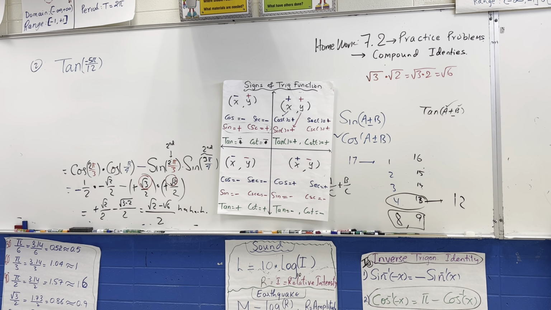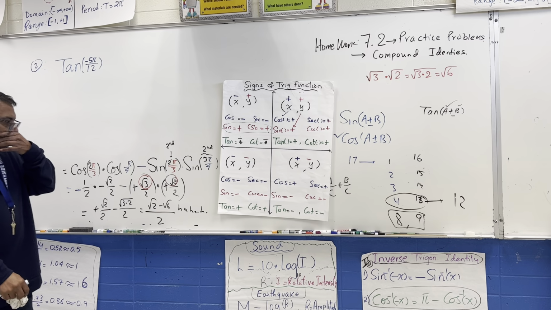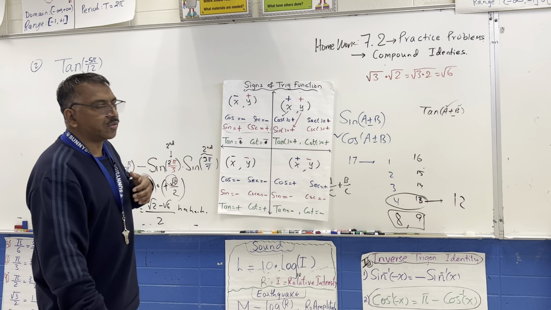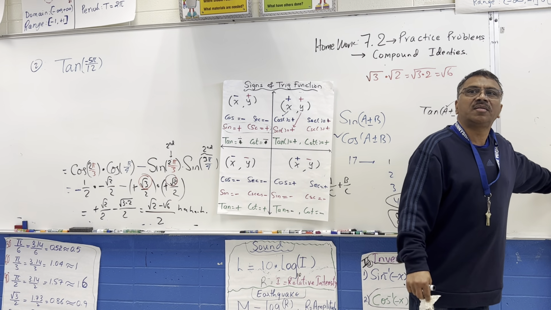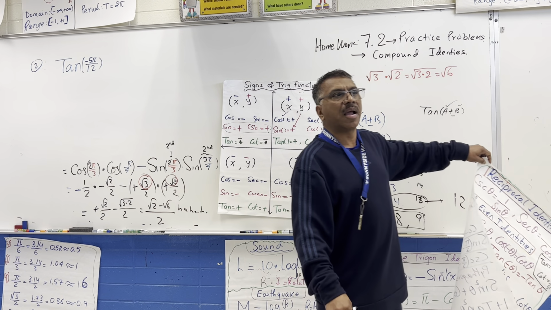Okay, Rico, help me, what do I do with this? You try to pick two angles. Can you use this trick? If there is a minus, what do you do with it?